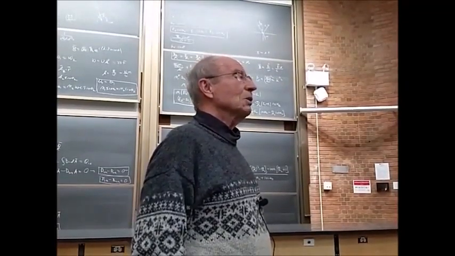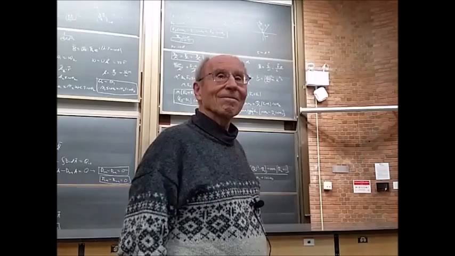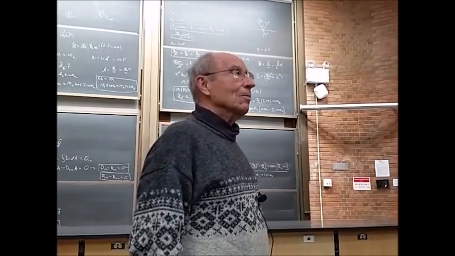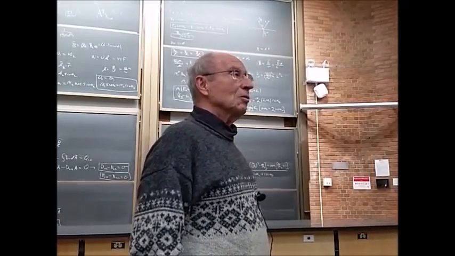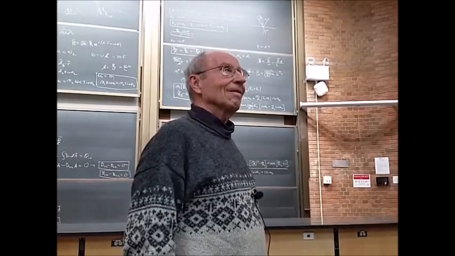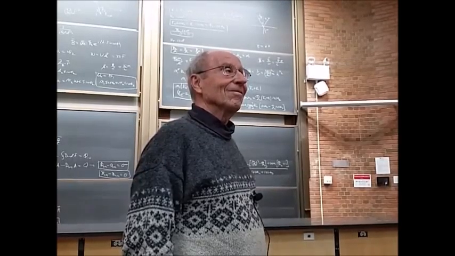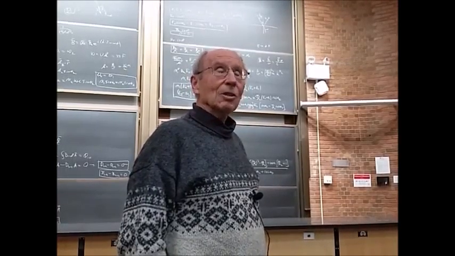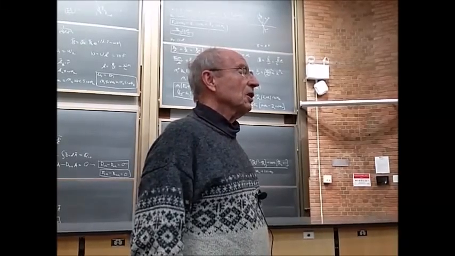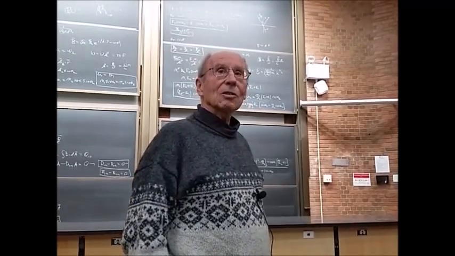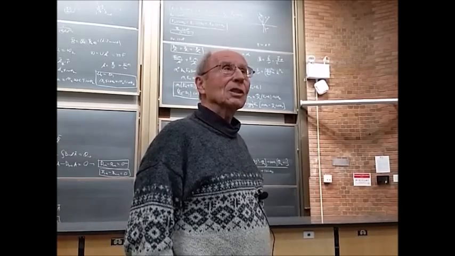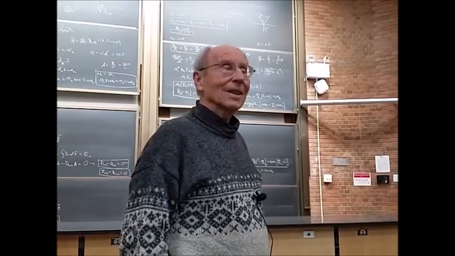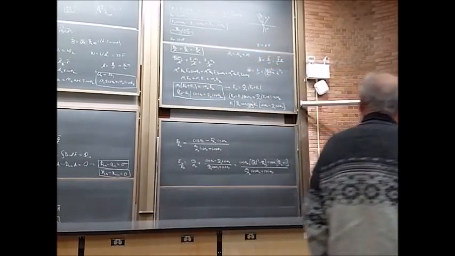Think of a condition where we know what the answer should be. Suppose N1 were equal to N2. What would happen? It'd go straight through. So when N1 is equal to N2, we ought to get E1 over E0 is 0 and E2 over E0 is 1. So let's see if that happens.